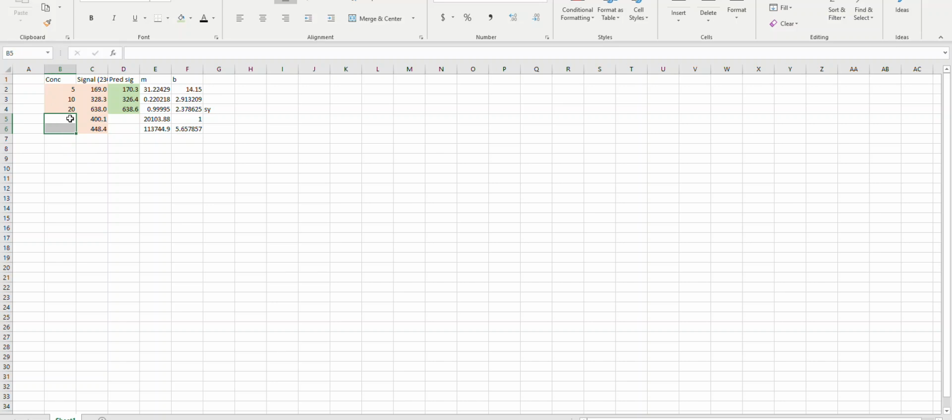So concentration here, we can highlight those cells, we can put it here, and this is going to be equal to y minus b, again we're going to have for that, divided by m. For that baby. And there we go. Copy this guy down and get the sig figs under control. There we go. So these are predicted values now.